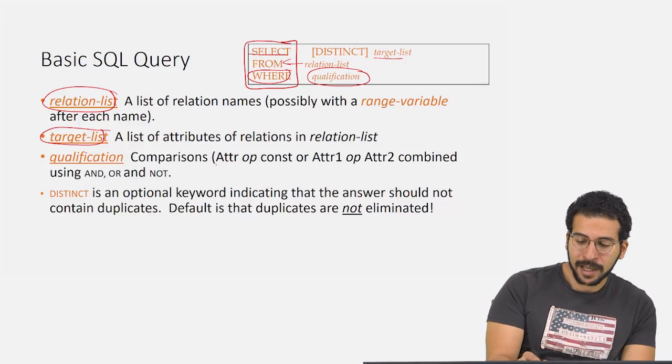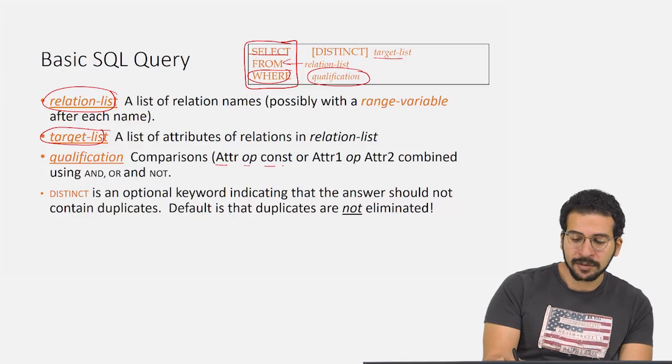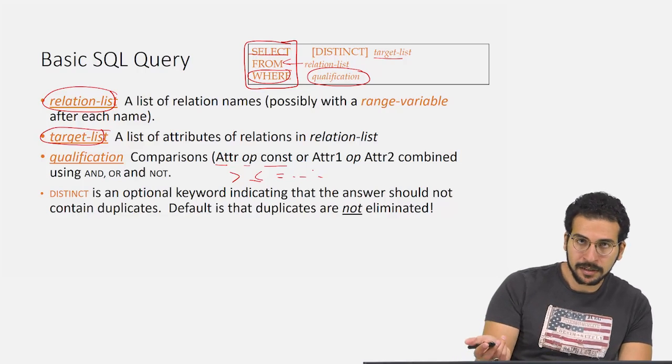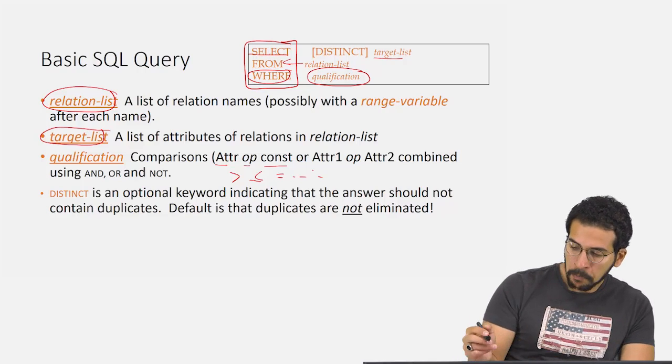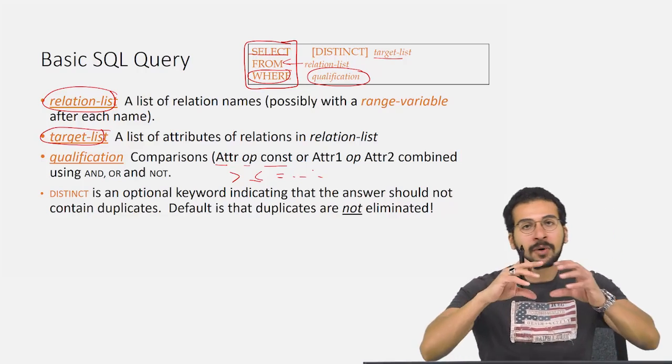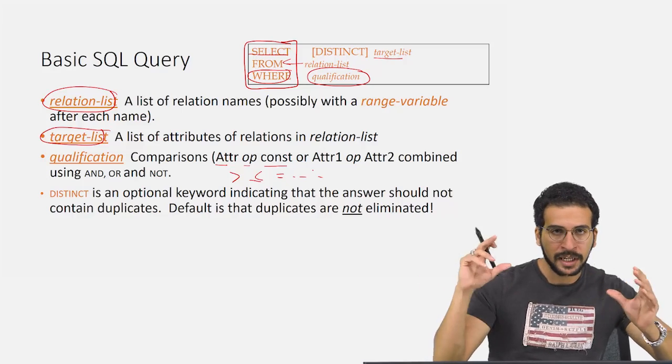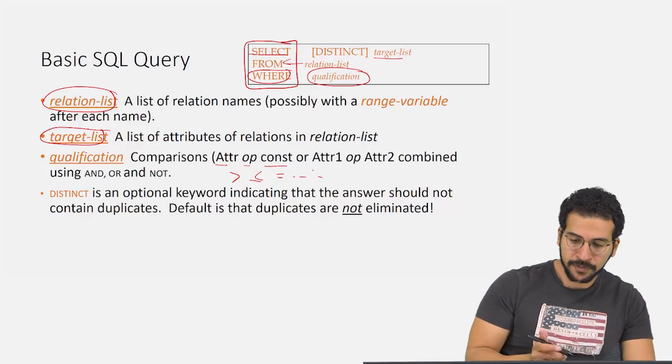So you can say, for example, attribute, operation, and then a value. This operation can be larger than, less than, equal, or whatever kind of comparison or string comparison operator. And all these qualifications are combined using logical operations like and, or, and not.